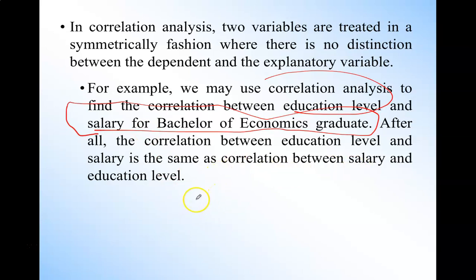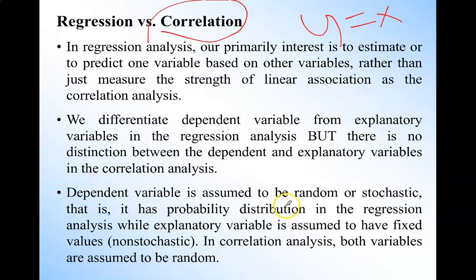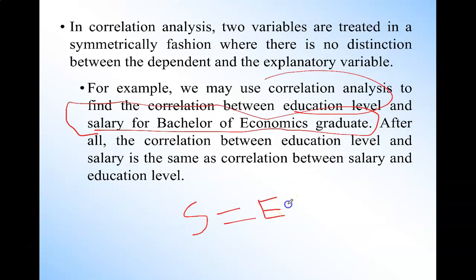Regression in this sense, for example, I put salary, S, and then education represented by E here. This is regression number 1. Let's say I have another regression, which is education here, and S is here.